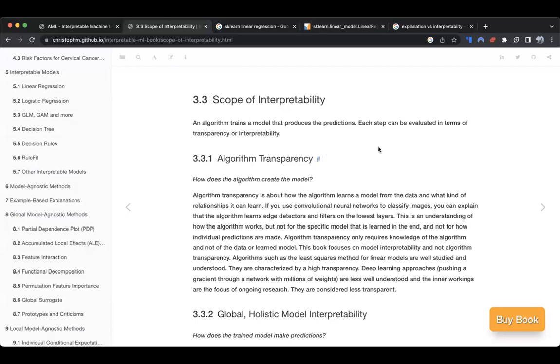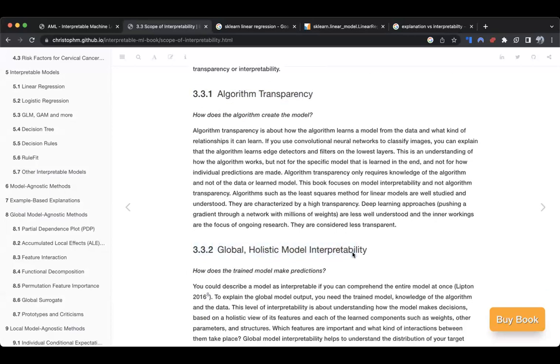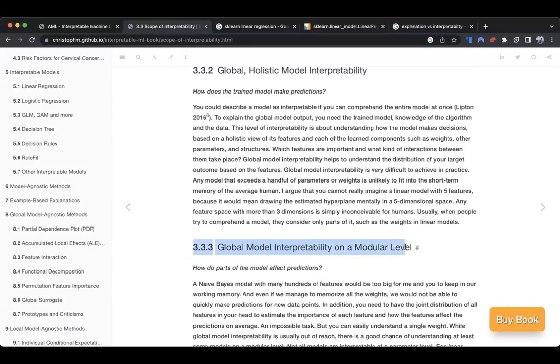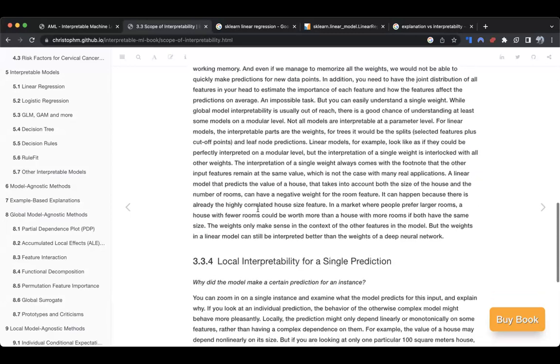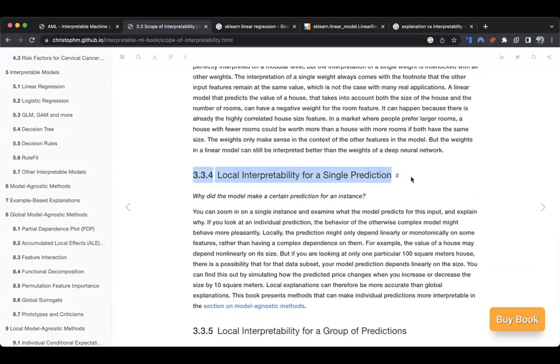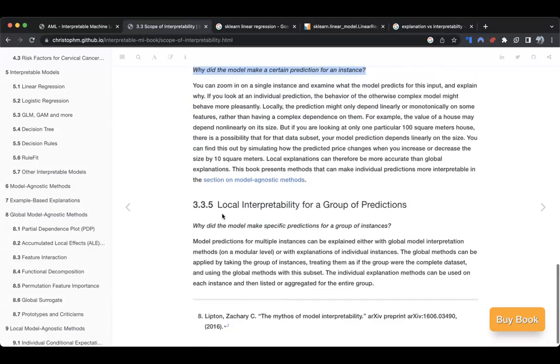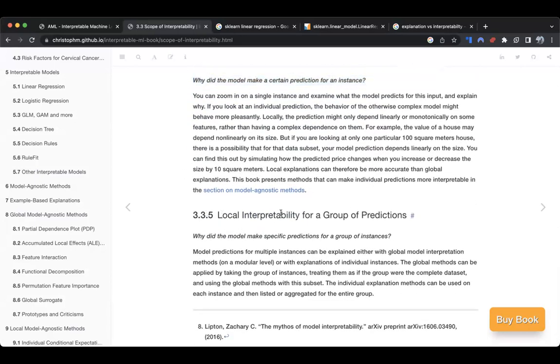Can you go back, please? When you show the scope of interpretability, the next point, 3.3.5, local interpretability for a group of predictions. Is it a global interpretability?